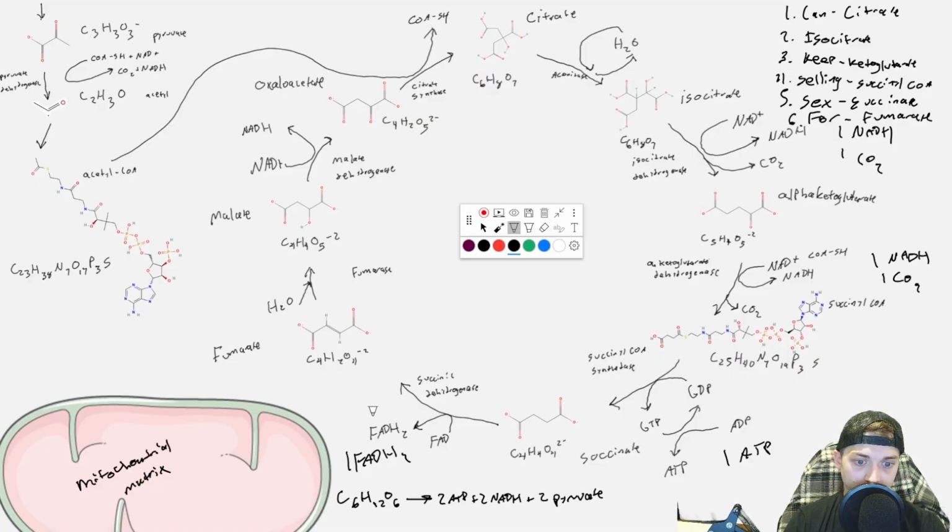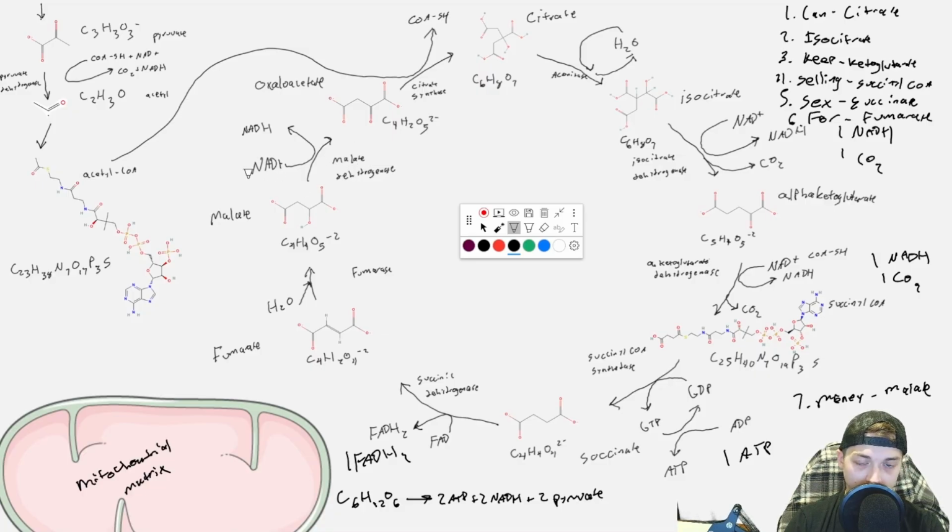All right. So fumarate is going to react with an enzyme called fumarase. A water molecule is going to come in here, and we are going to get malate. So step 7, malate. Now, from malate, it is going to react with an enzyme called malate dehydrogenase.